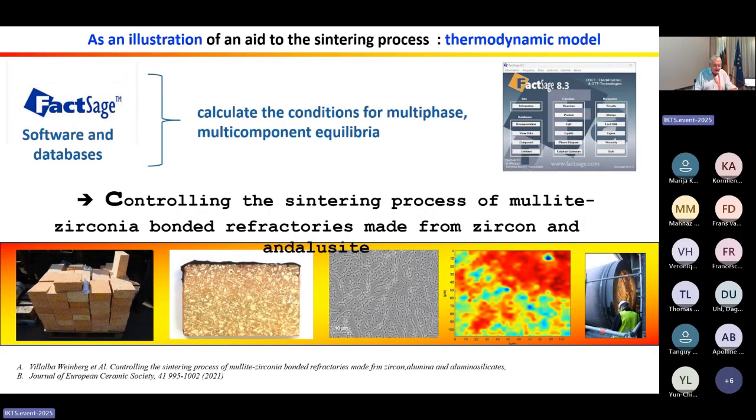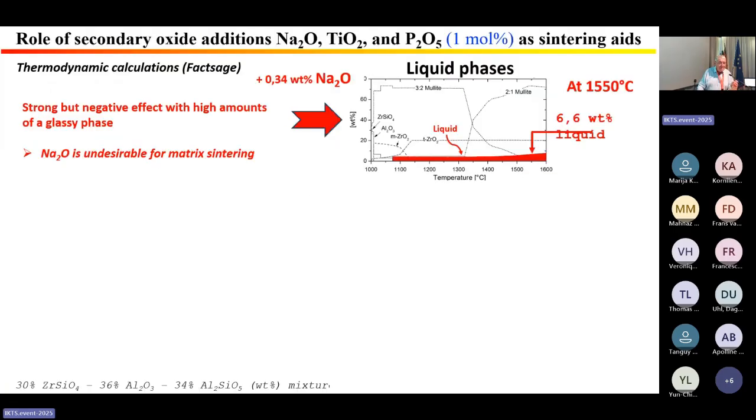And I propose to illustrate this use by an example controlling the sintering process of mullite-zirconia bonding refractories made from zircon and andalusite. Major point is to understand and to predict the role of secondary oxide addition, especially sodium oxide, titanium oxide, and phosphate oxide as sintering aids.